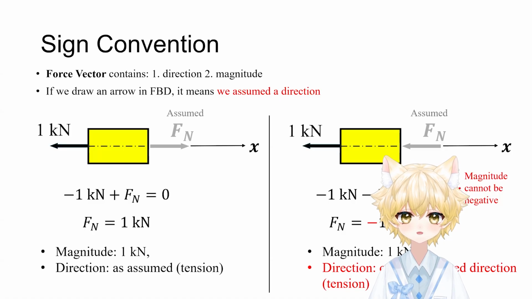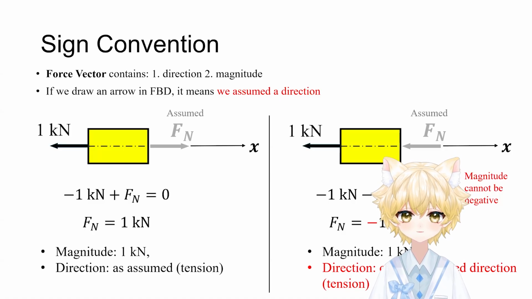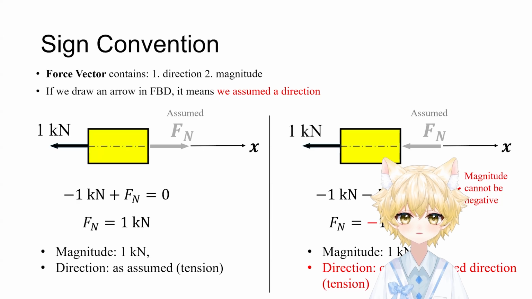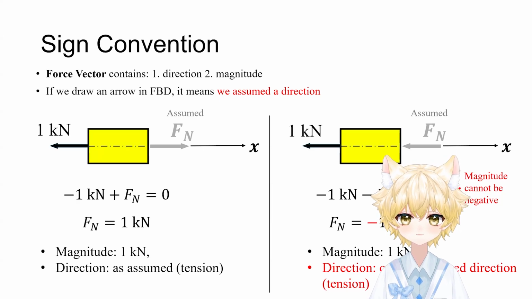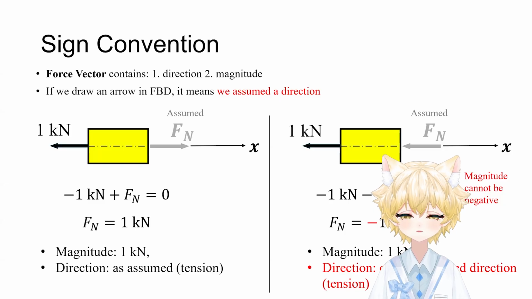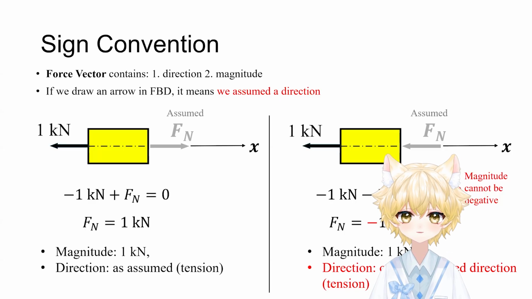Now, notice what happens when we solve the equilibrium equation. Since the equilibrium equation is written in the global coordinate, right, that is the XYZ system, independent of tension or compression, we may get plus Fn on the left and minus Fn on the right. After solving the force balance equation, in the second case, the right case, we get a result of negative 1 kilonewton.